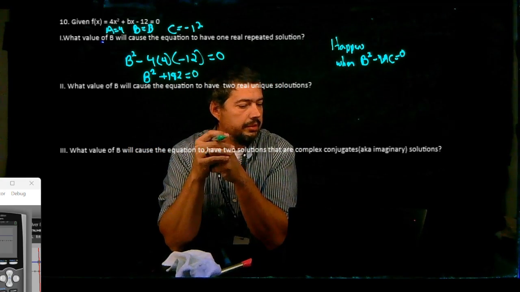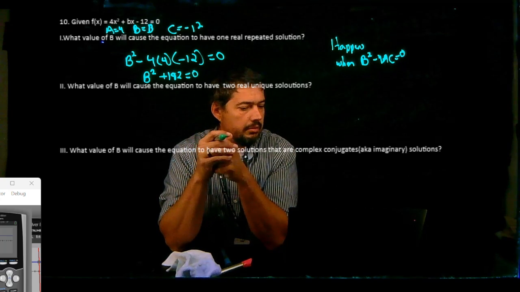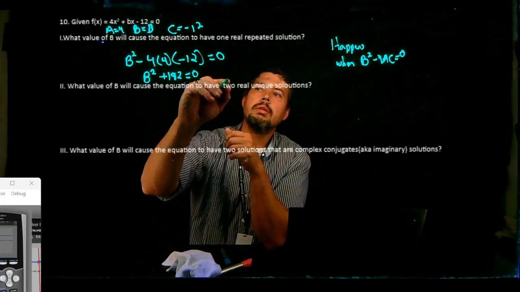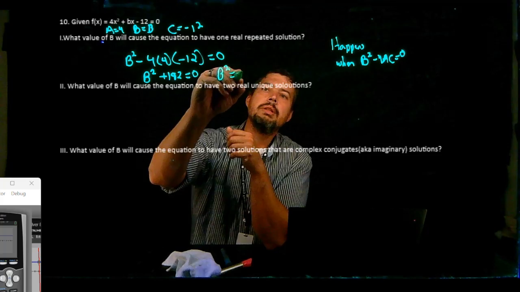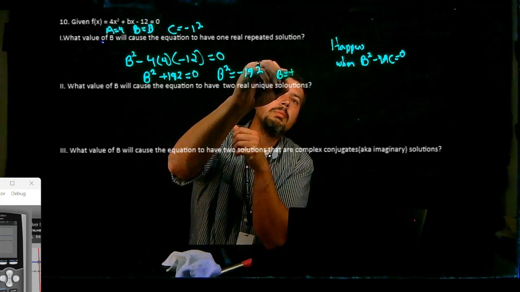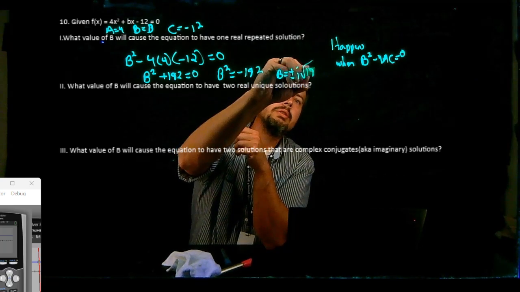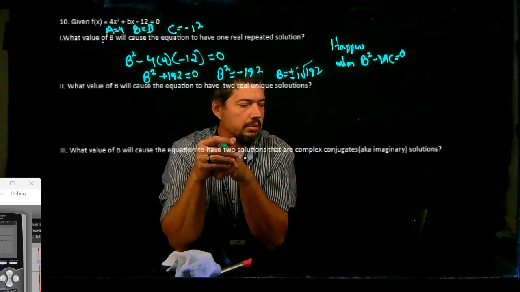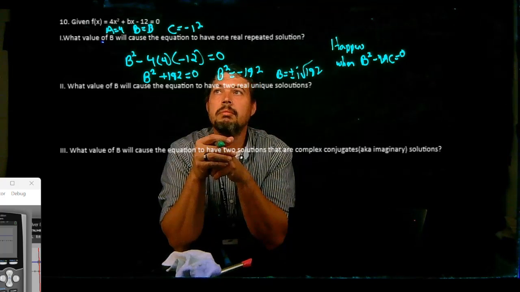And oddly enough, it doesn't look like you can make this work. So we would have b squared equal to negative 192, which means b is plus or minus the imaginary root of 192. And what we just learned is that there is no way this can happen.